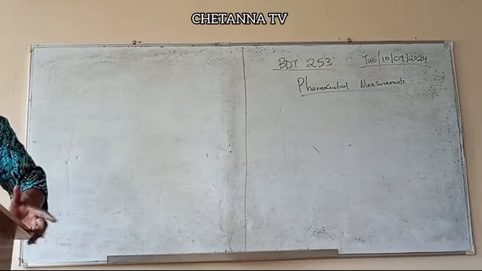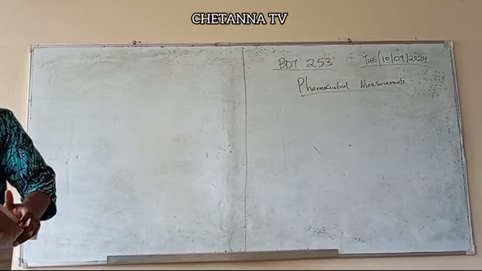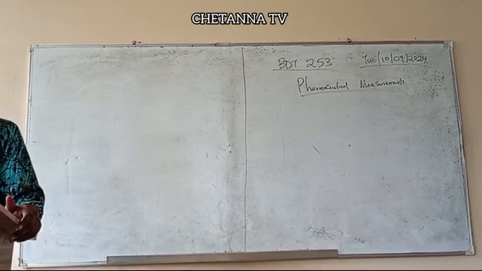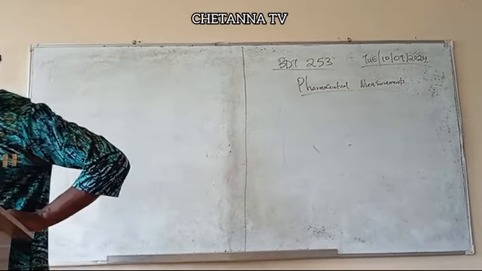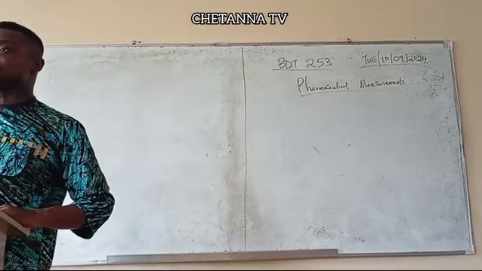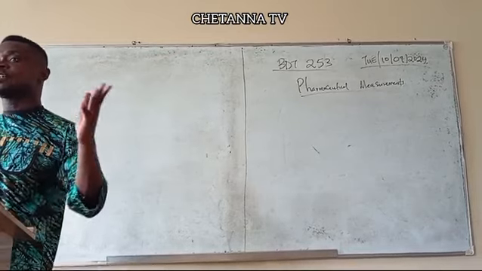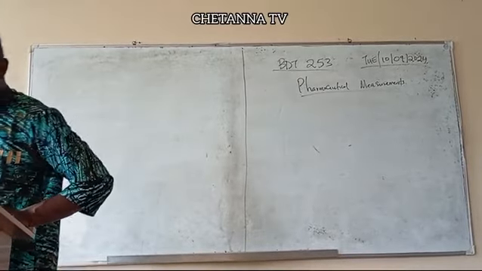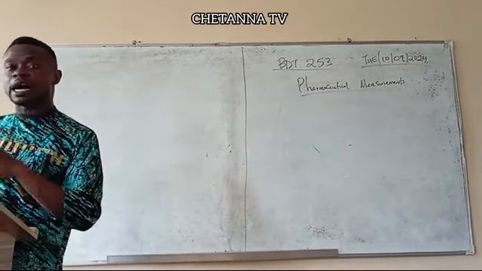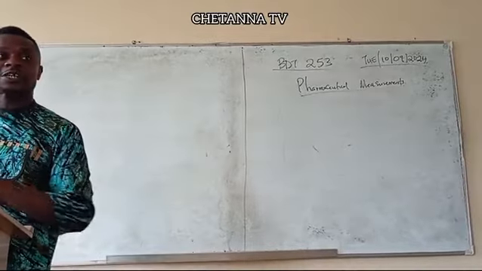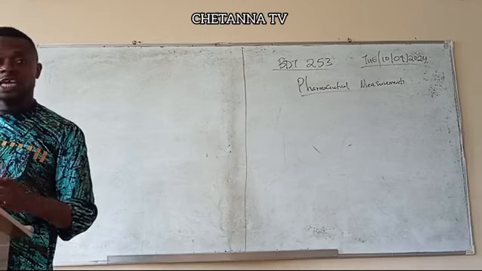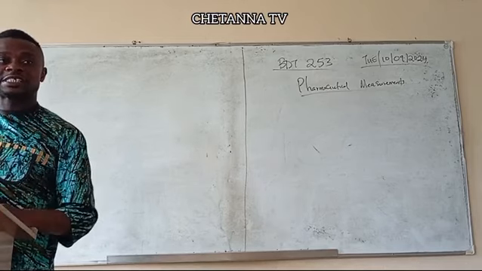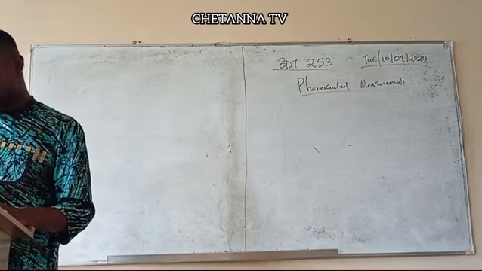We also talked about the units of measurement, and we discussed what pharmaceutical measurement is, then systems of measurement, the common systems and the metric system. On the common system, we talked about the apothecary and the domestic household. Then we entered the metric system or the SI system.